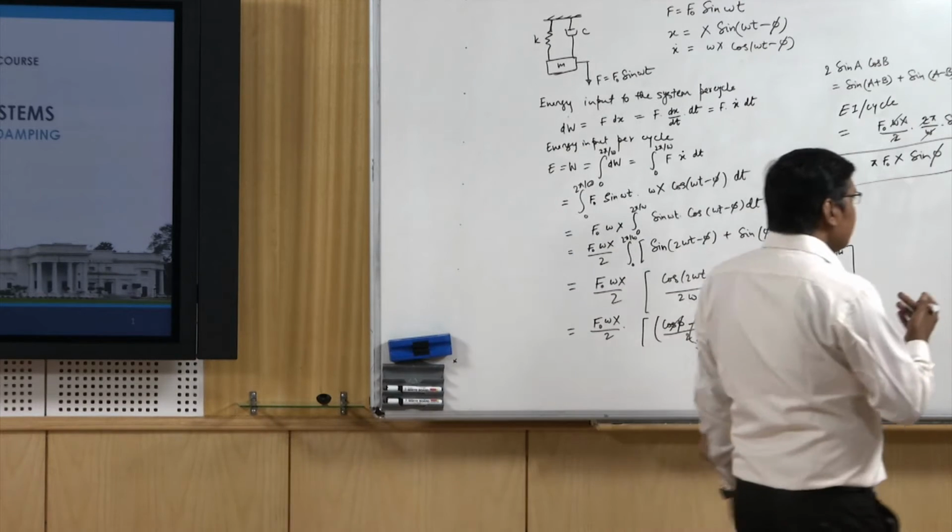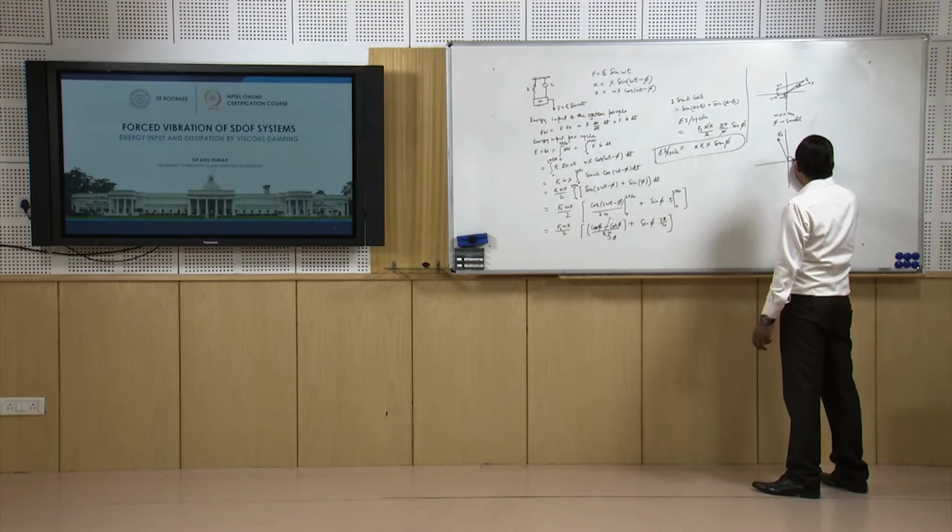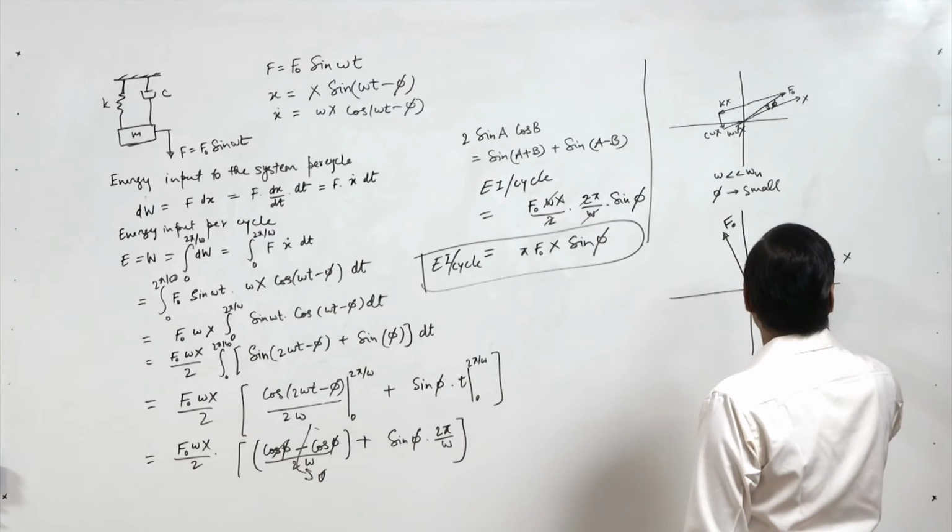So this is x, and here this is my f0, and this angle phi equal to 90 degrees.